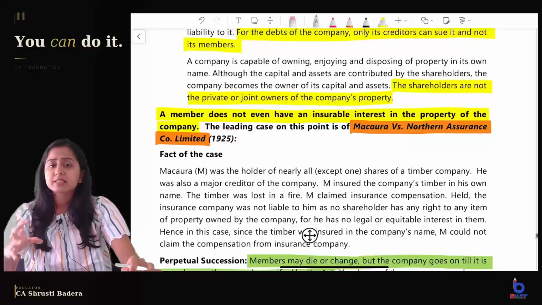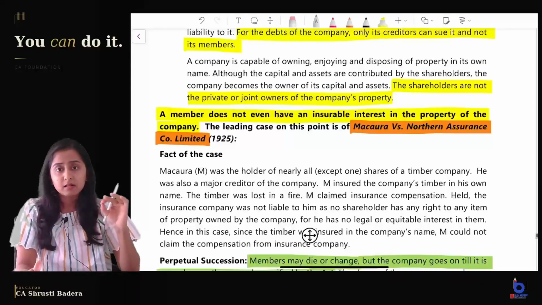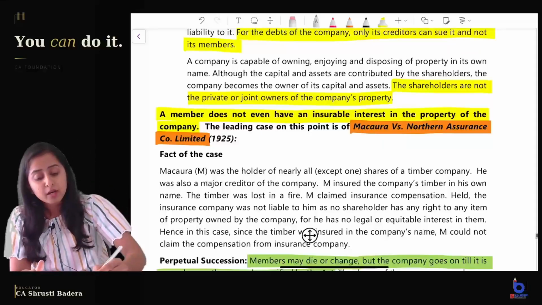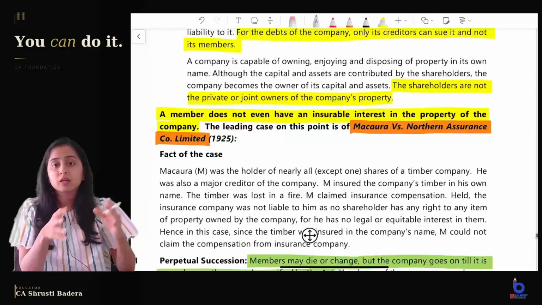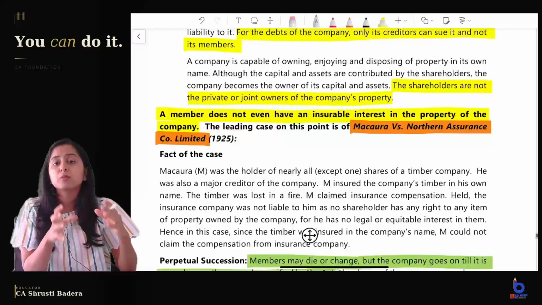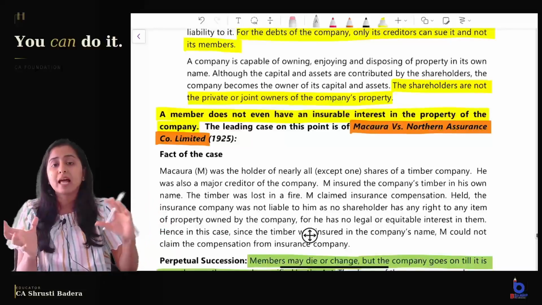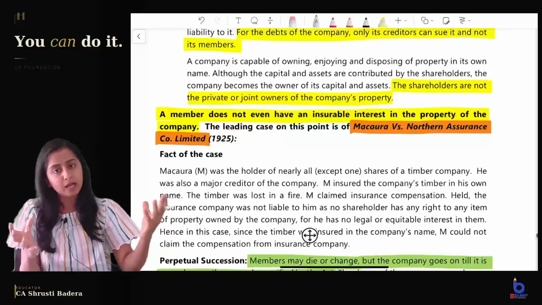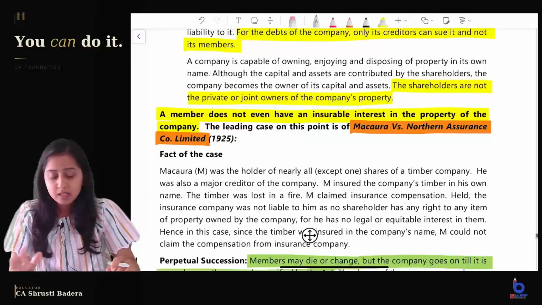We are not going to discuss the facts in detail, but what you should know is that a company is a separate legal person, and that is why a member does not have an insurable interest in the property of the company. So if insurance has to be taken on the company's assets, the insurance should be in the name of the company. The insurance cannot be in the name of the member when the assets are in the name of the company. That is the case of Macaura versus Northern Assurance Company Limited.